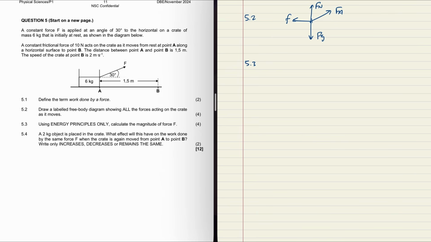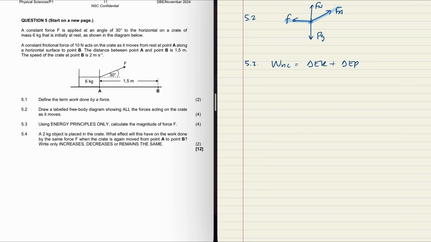Question 5.3 says, using energy principles only, calculate the magnitude of force F. So I'm going to use the formula W_NC is equal to delta EK plus delta EP. Now, the non-conservative forces here are the force applied and the friction.